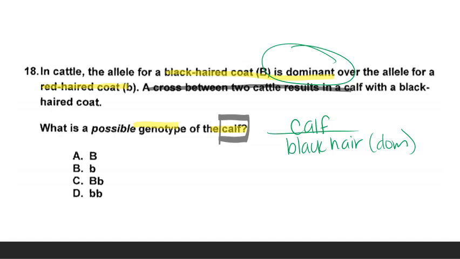So if it's dominant, we know that its genotype has to have at least 1 dominant allele. So it could have 2 dominant alleles. Excuse me, we're using B's, my bad. It could be 2 dominant alleles, or it could even have just 1 dominant allele and it'll still show up as that black hair color.